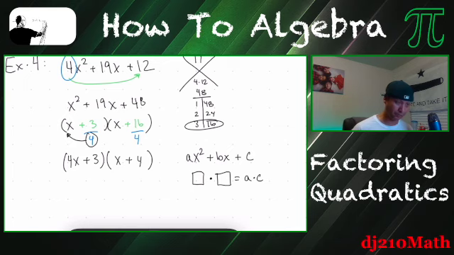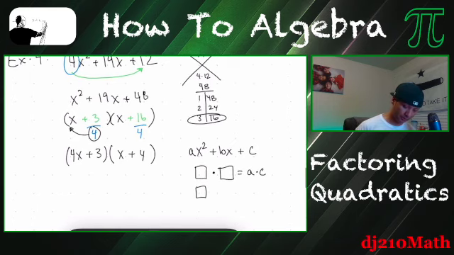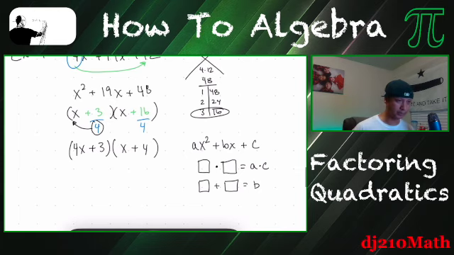I'm looking for two numbers always. Then I'm looking for those same two numbers that when you add them together, they equal the b value. Like two numbers that multiply to make the product of a and c, and then the exact same two numbers that add up to b.